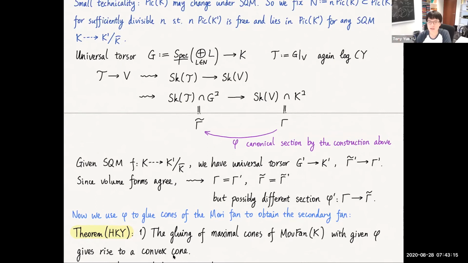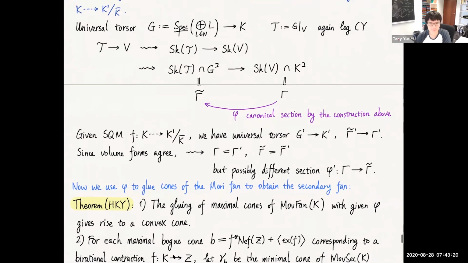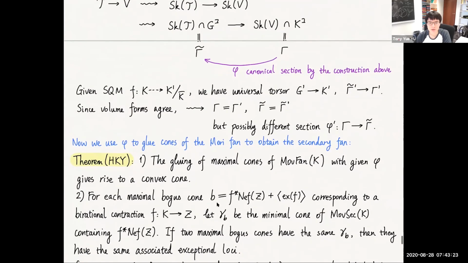And next, let's consider how to also glue the bogus cones. The bogus cones are of the form pullback of nef z plus the cone spanned by exceptional divisors, corresponding to some birational contraction K to Z, and we let gamma b be the minimal cone of the moving part of the secondary fan containing this pullback.